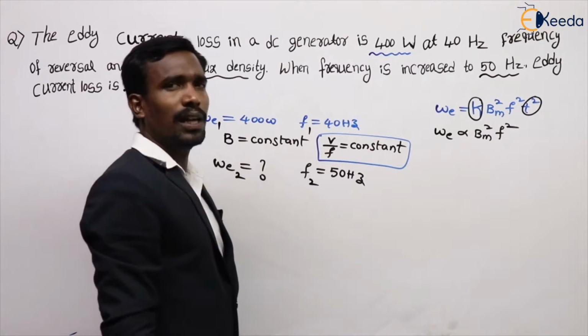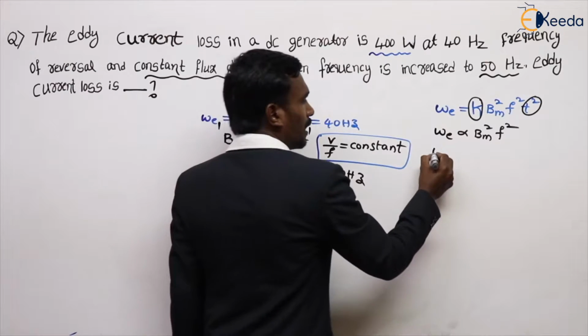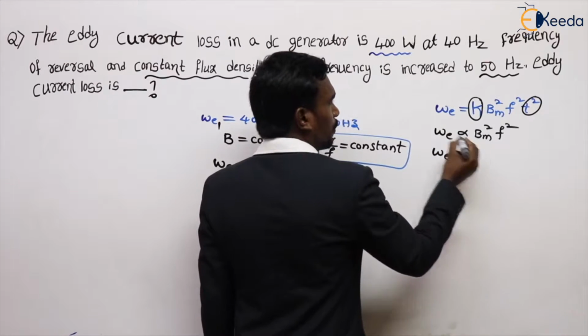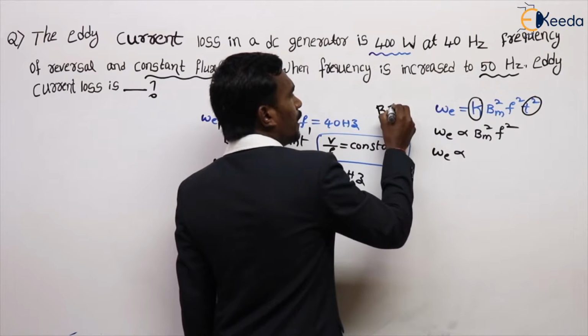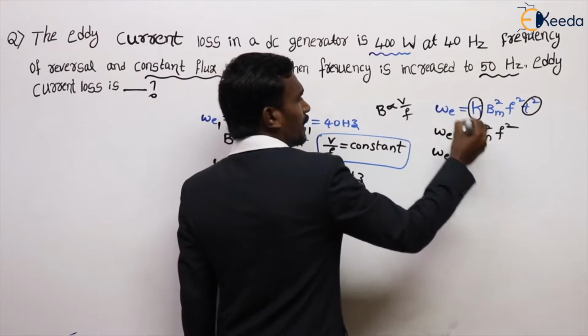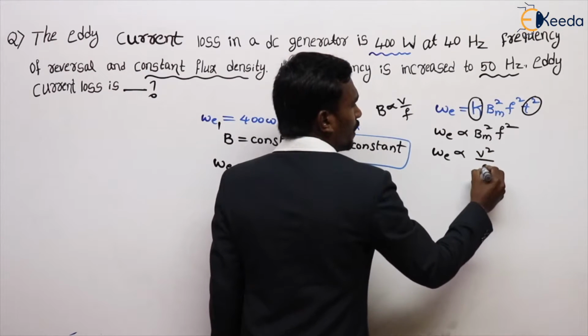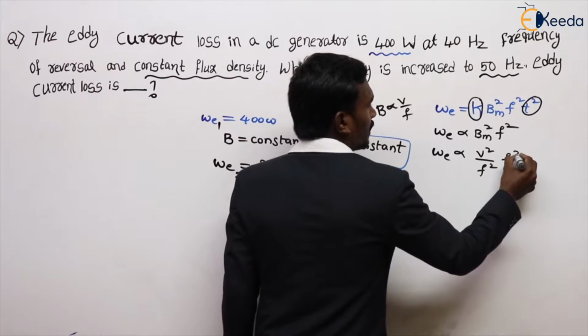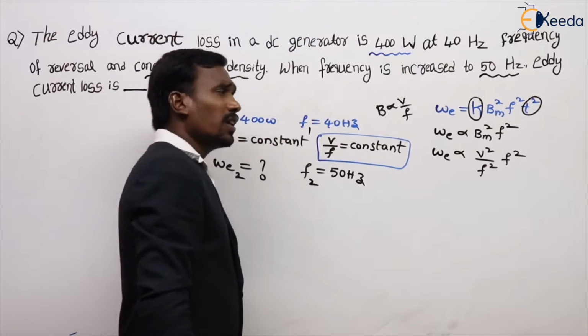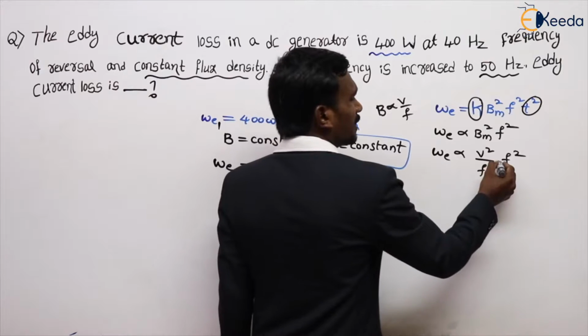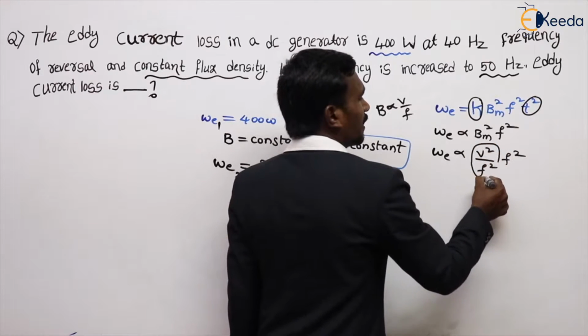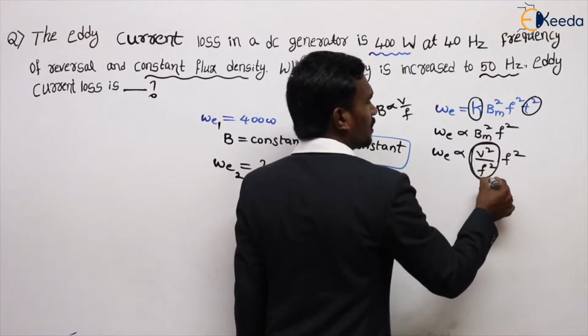We know this formula. From this formula, eddy current loss is directly proportional to B square and F square, and B is nothing but V by F. That's why V square by F square and F square. Of course, no need to write this, because the given V by F ratio is constant.